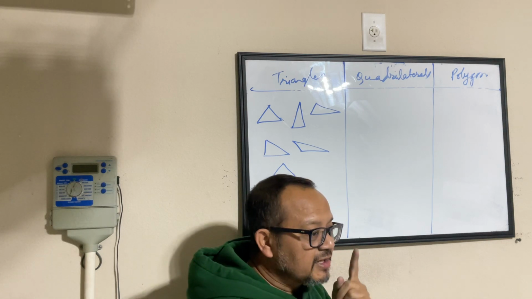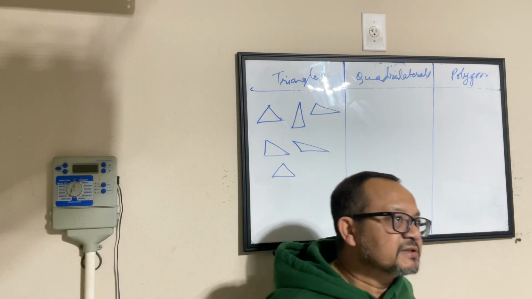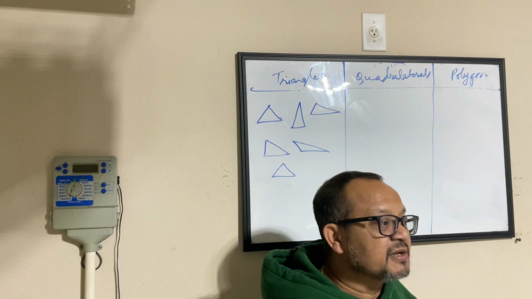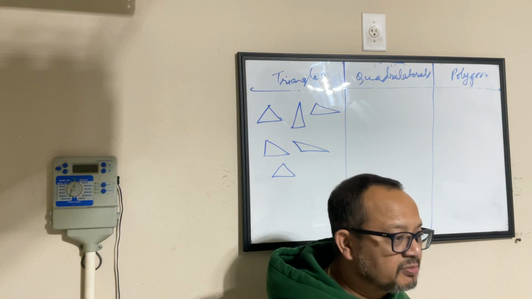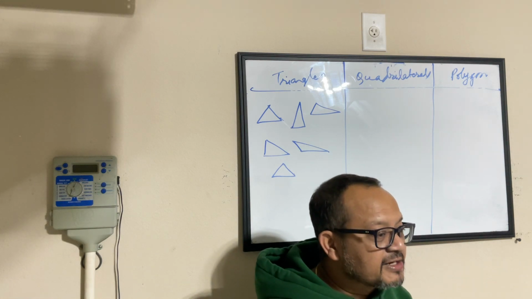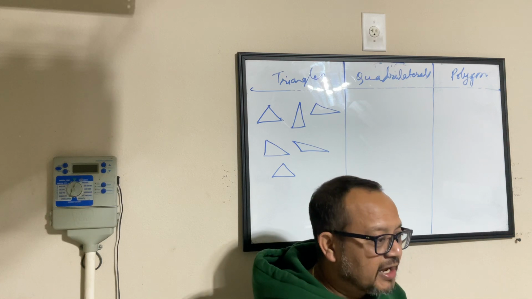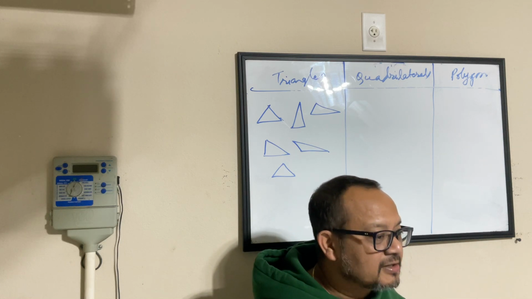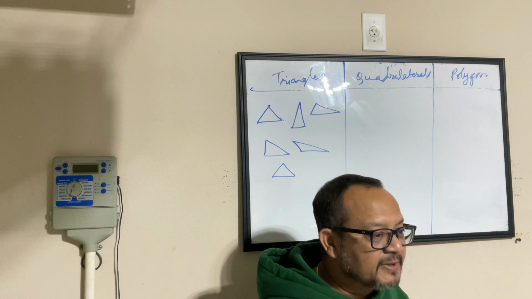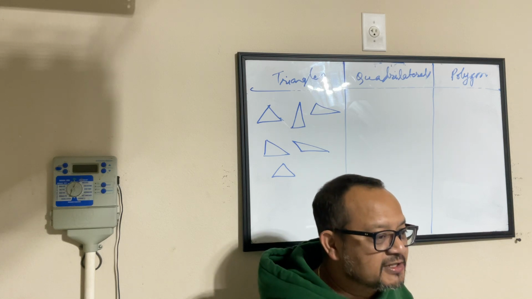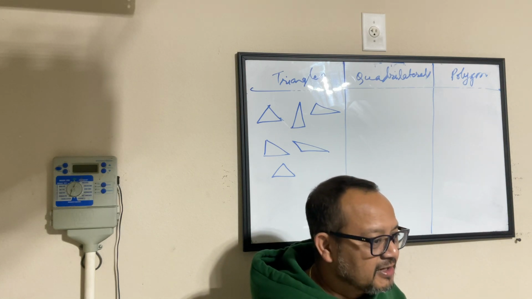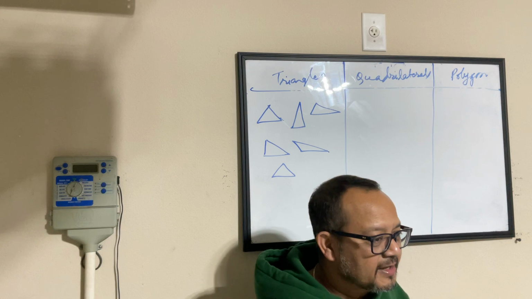If somebody says the side of an equilateral triangle is 6 centimeter, find out the perimeter, no big deal. You know that an equilateral triangle has all 3 sides the same, and as soon as you have the length of one side, you just multiply that by 3 because all your sides are the same, correct?